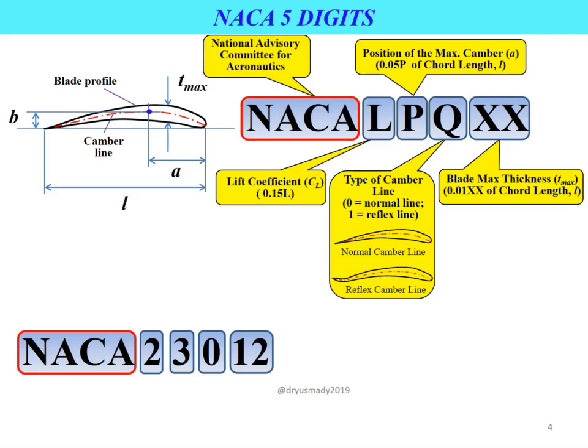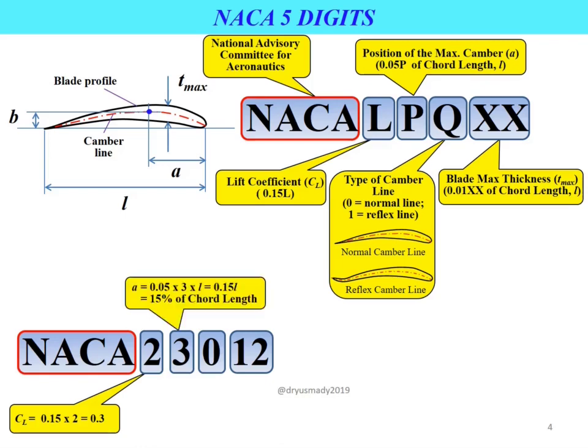So let's say we have NACA 23012. From this blade profile code, we can determine the parameters. For example, the lift coefficient equals 0.15 times the value of L code, which is now equal to 2. So now the CL value equals 0.3.